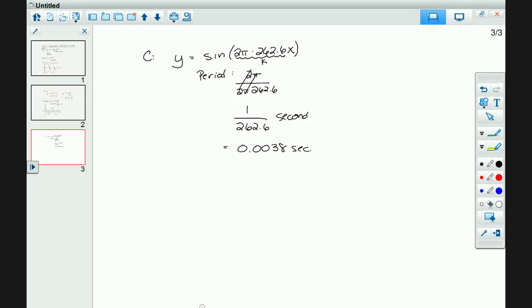So you're getting 20,000, your eardrum's moving 20,000 times per second. When you think about that, it's pretty amazing, isn't it?